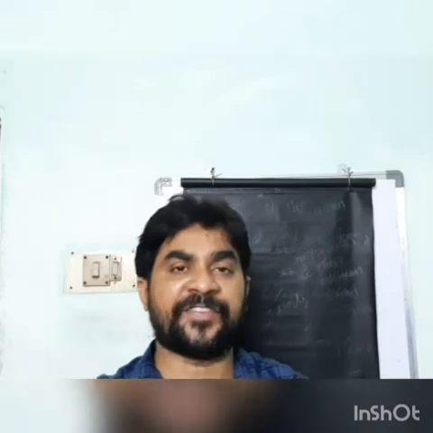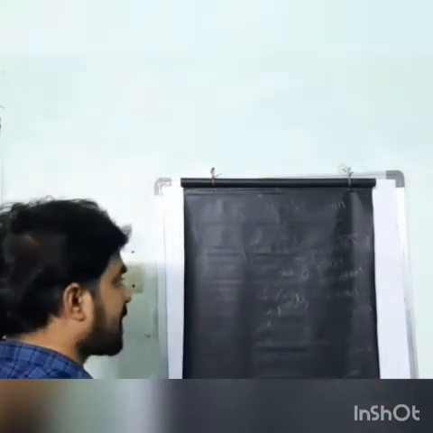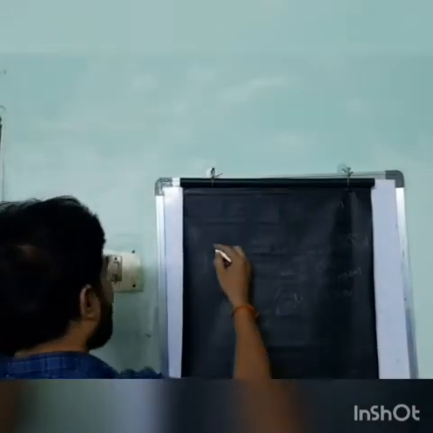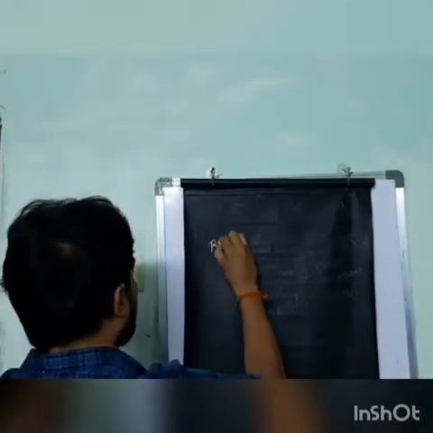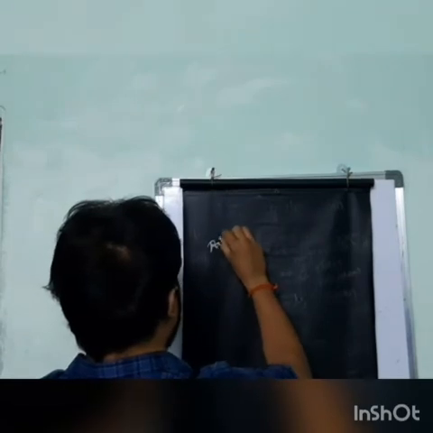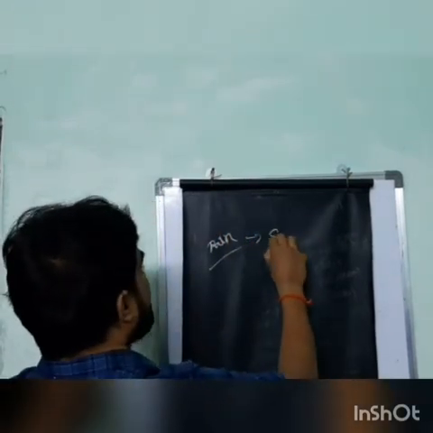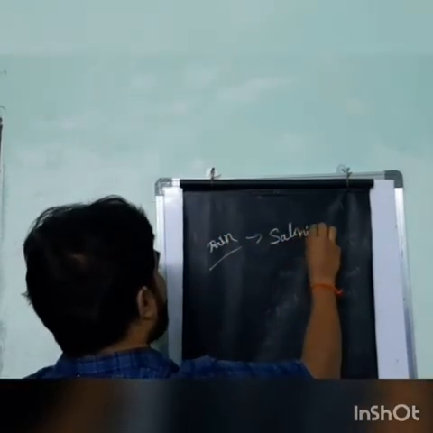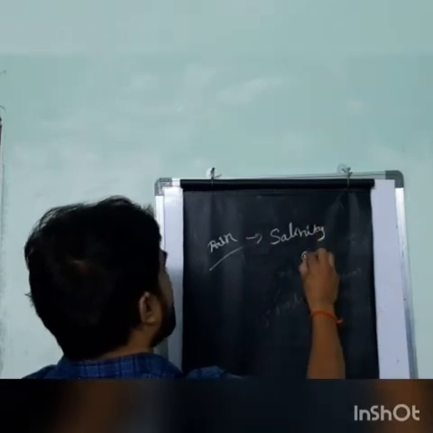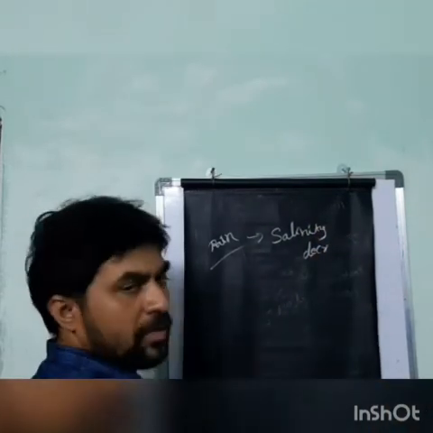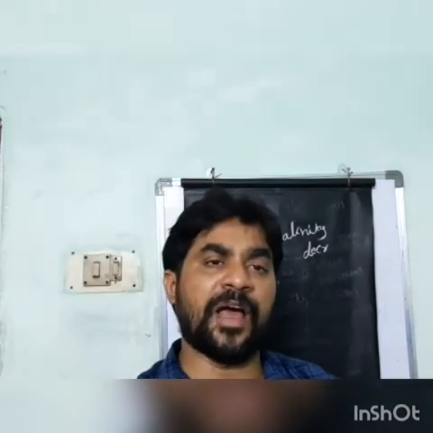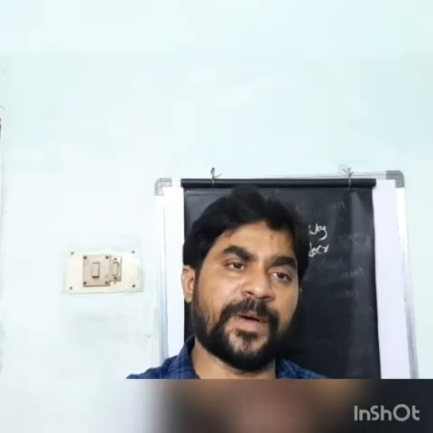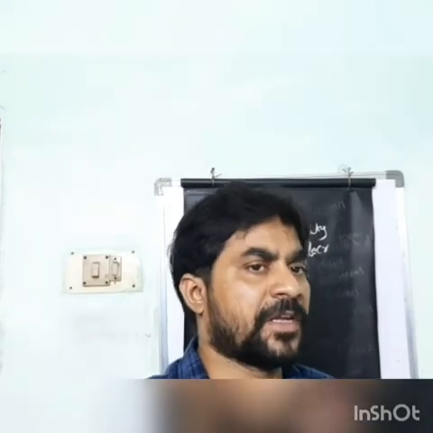What are the factors that affect the salinity of the ocean? There are some factors. The first factor is rain. If there is rain, salinity automatically decreases. Take an example: if you take 1 bucket of water and mix 1 kilo of salt into it, you see the taste.